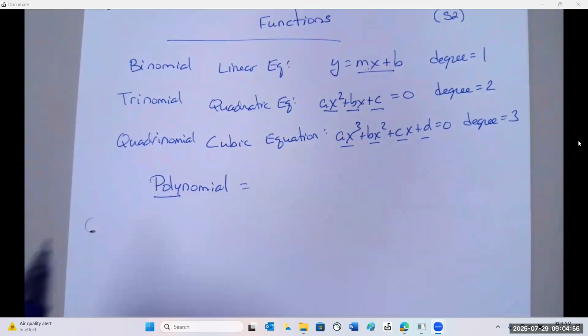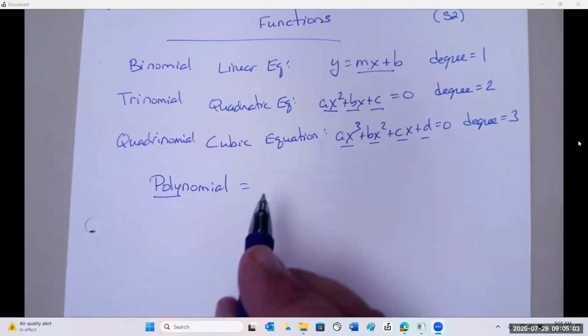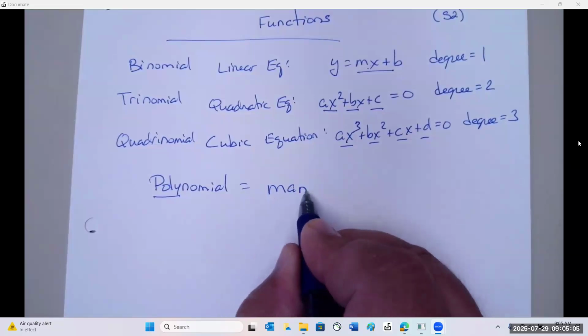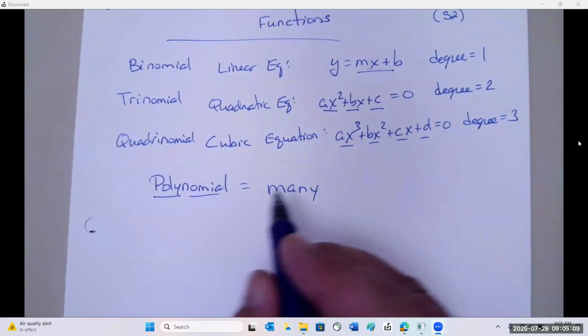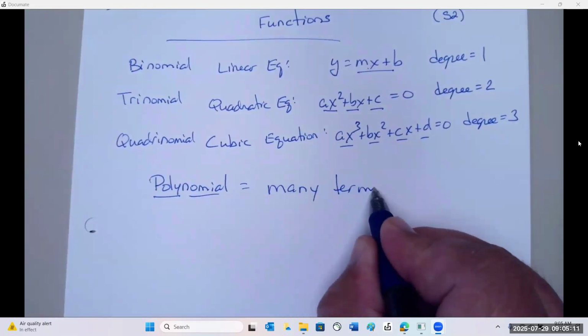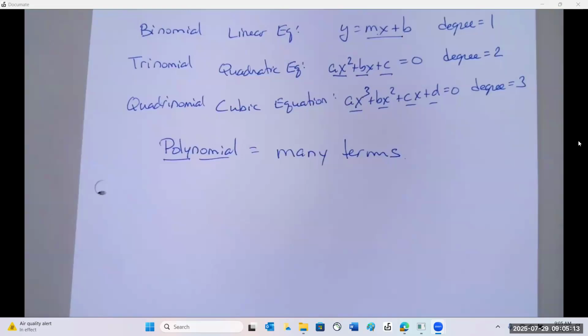What does poly mean? Many. Polynomials, many terms. We are no longer restricted to the size of equations we use. They could be any size, any degree.